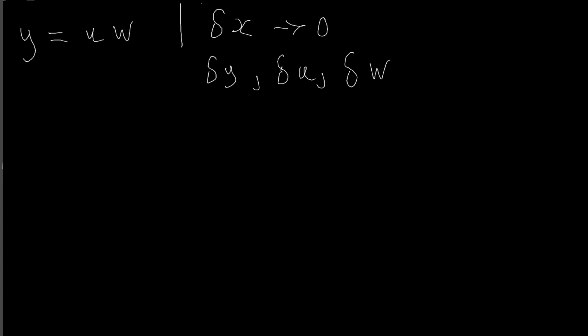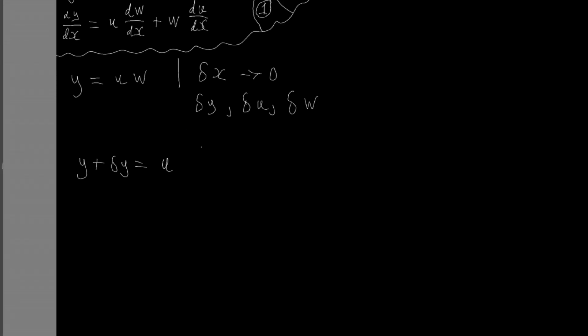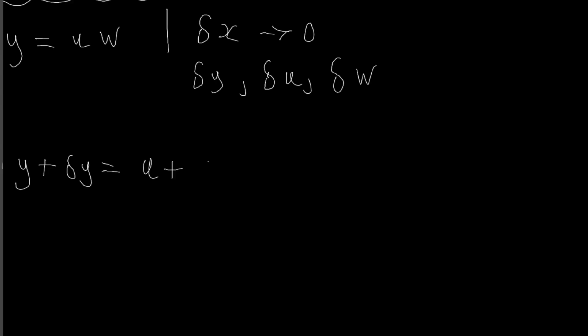So in order to represent a small increase in x, we will write out y plus delta y is equal to (u plus delta u) multiplied by (w plus delta w). Now, the first thing we're going to want to do here is multiply out these brackets.